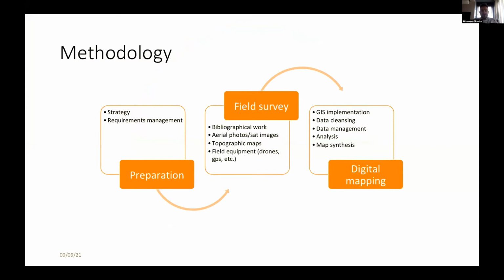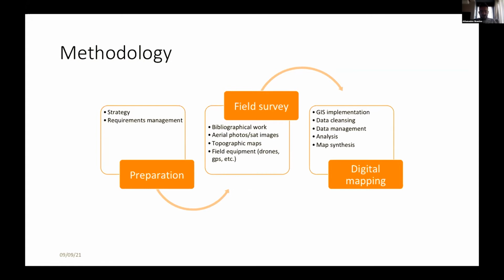After the preparation, we have two activities: the field survey, the field work, and the digital mapping. Regardless of the massive advance in GIS science, most scholars believe that fieldwork is still compulsory. Getting prepared for the site visit is really important since it minimizes risk and reduces the effort needed. Finally, we go to the digital mapping, which is the final stage of the map production.